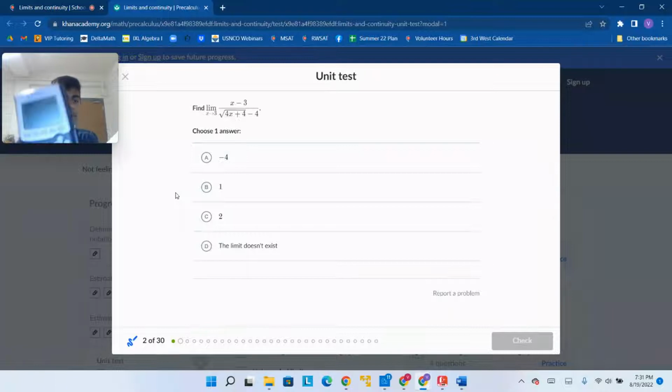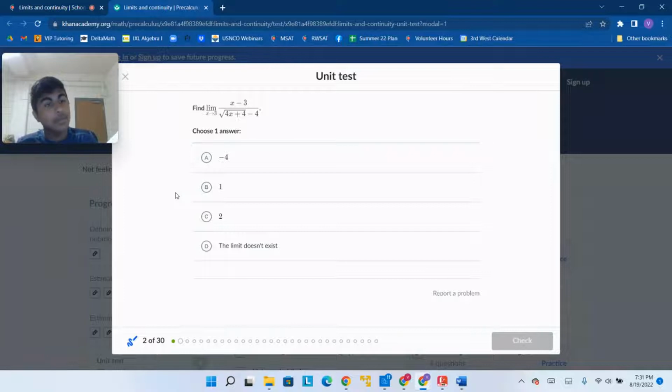So I'm ending up with 2.99999, like that. And now I'm going to put that in for x. So 2.99999 minus 3, and then this thing times 4 plus 4, take the square root of that, and then we are going to subtract 4, and then we're going to divide this negative 1e to the negative 5 thing over that, and we get roughly 2. Okay, 2 is what we get.